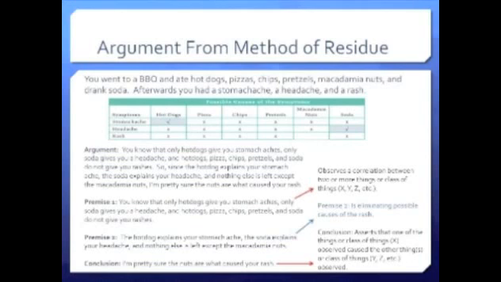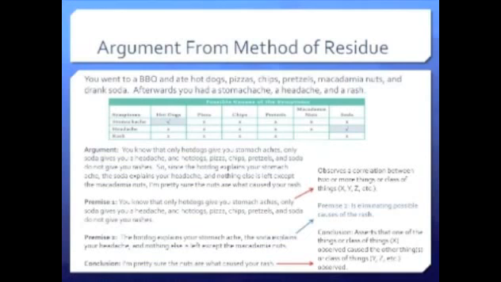The cause that the method of residue identifies may be a cause as any one of these conditions. So any argument that is constructed well based on the method of residue will most likely be asserting a claim that what has been identified as the cause is a cause without specifying if it is a cause as a necessary condition, a sufficient condition, or a necessary and sufficient condition.